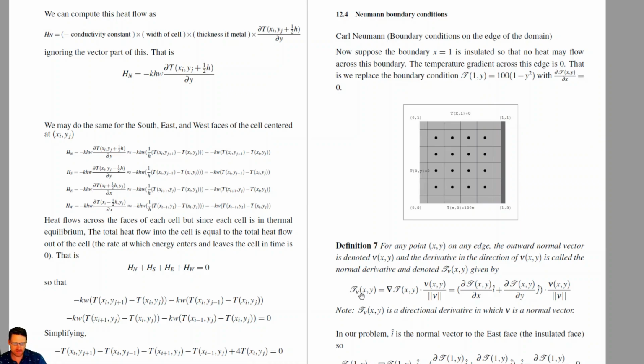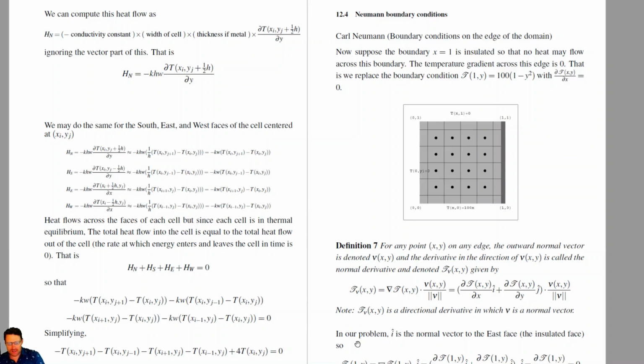So T subscript v of (x, y) is the gradient vector of T dot the normal, the unit vector v. So we're just taking the vector v and dividing by its norm there, so it's a unit vector having unit length. Okay, simplifying this, we have a dot product of grad T and v divided by the norm.